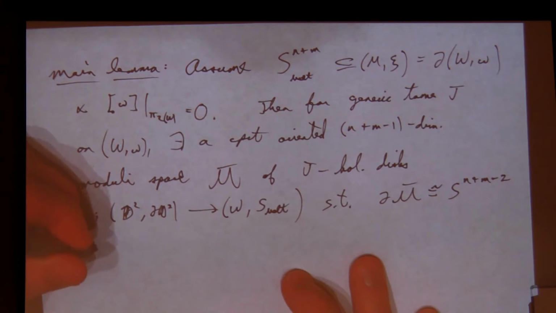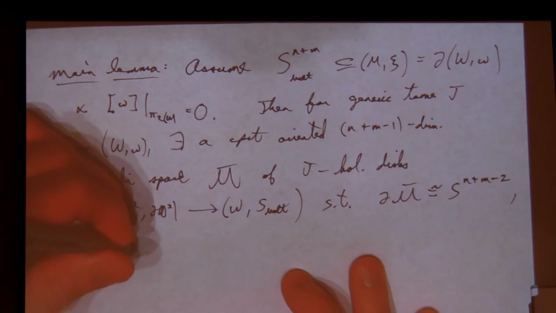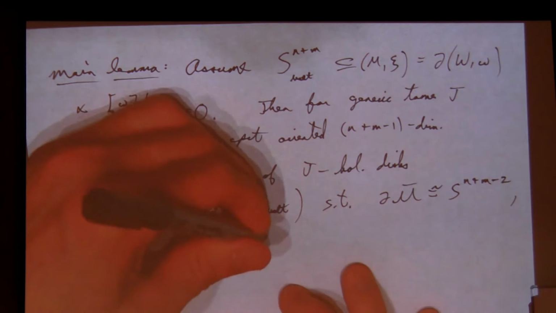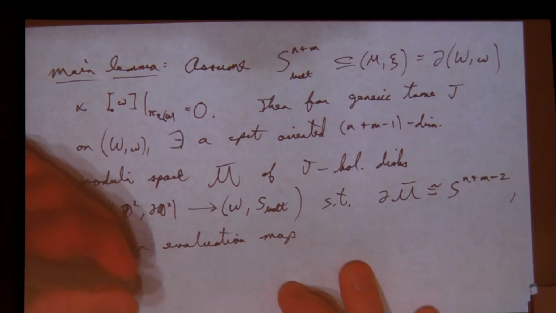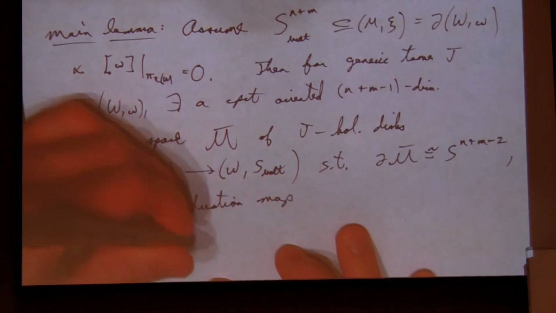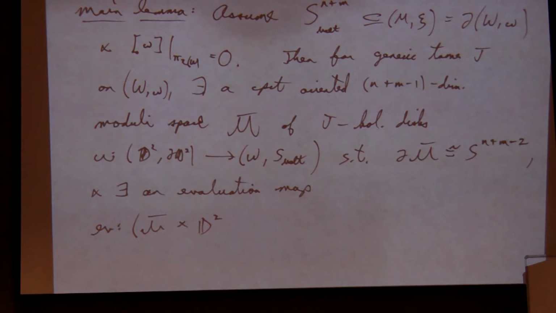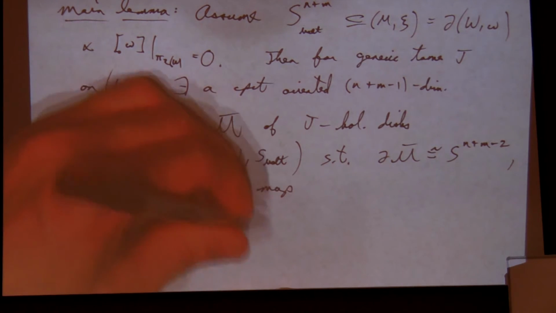And there exists an evaluation map. The evaluation map just takes each holomorphic disk and a point in its domain and sends you to the image of that point for that disk.